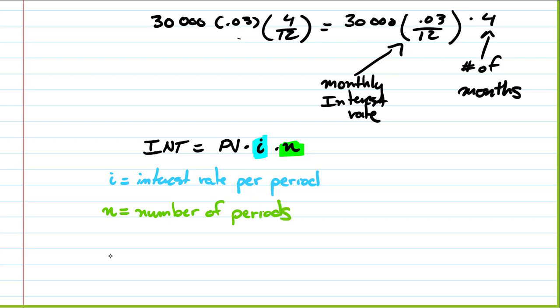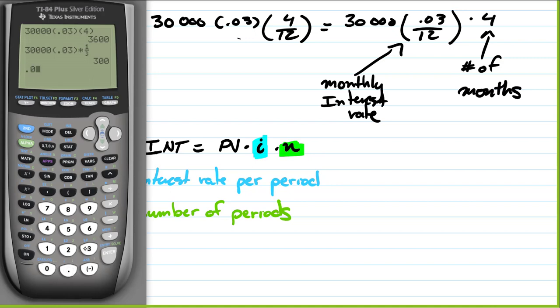So in terms of the previous problem, if we took 0.03 and divided it by 12, we would get that the monthly interest rate would have been 0.0025, or 1/4%, and the number of periods that we calculated the interest for would have been 4.